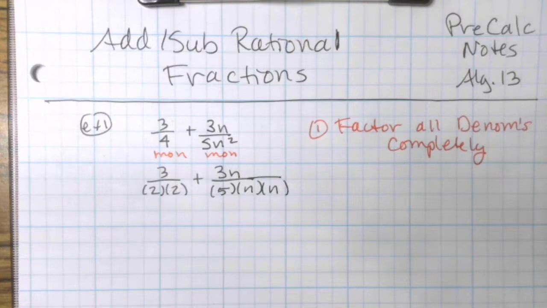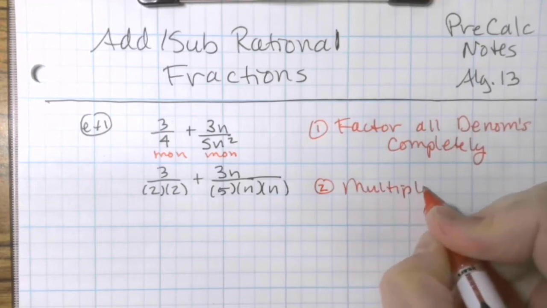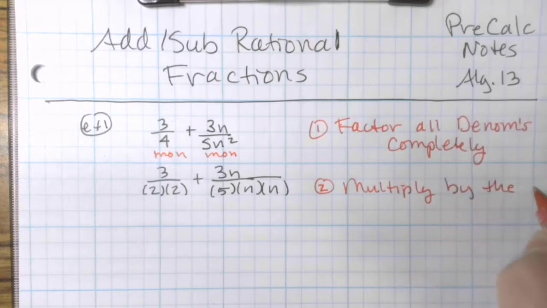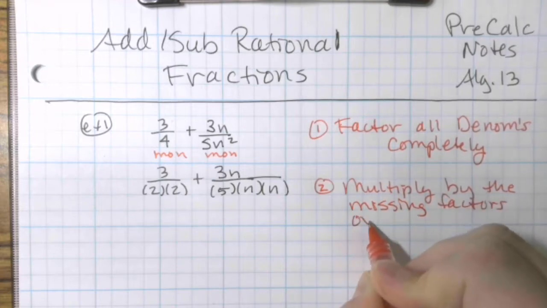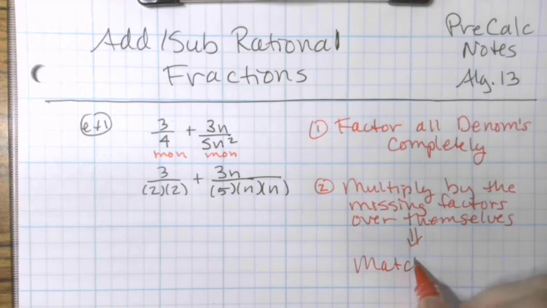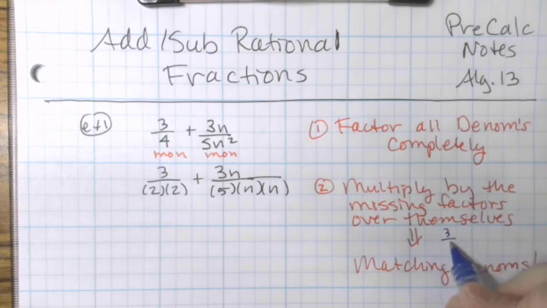Once you've factored all the denominators completely, your second step is to multiply by the missing factors over themselves. The purpose of this is we want matching denominators. The reason this is legal is that when you multiply by, for example, 3 over 3, you're really just multiplying by a 1.